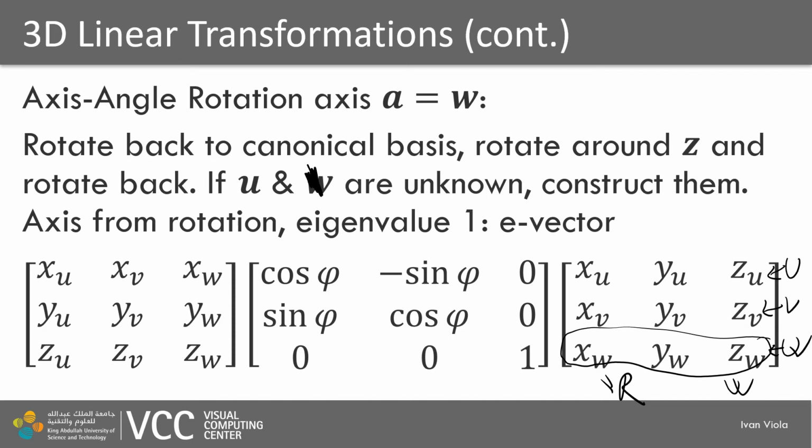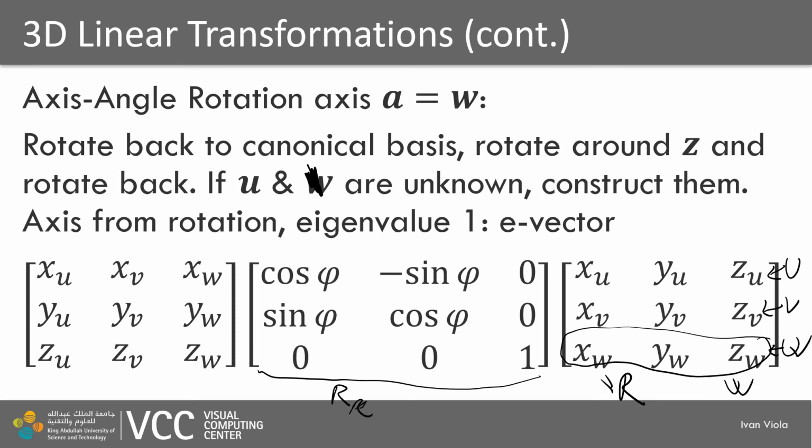Now if we are rotating around this vector, by post multiplication the w vector, we will actually map it to the z-axis, remember? Then the second operation which we will do is a rotation around the z-axis, right?